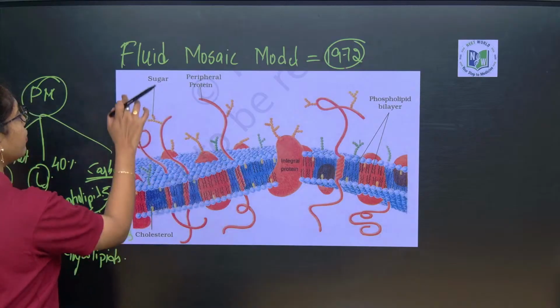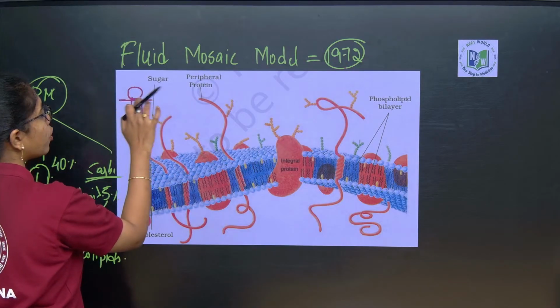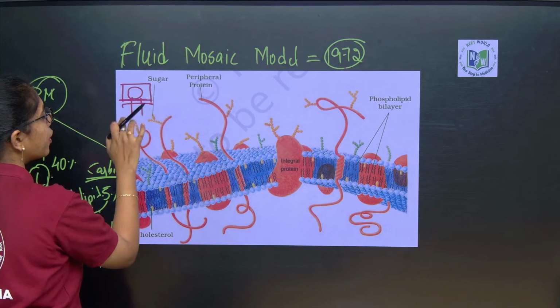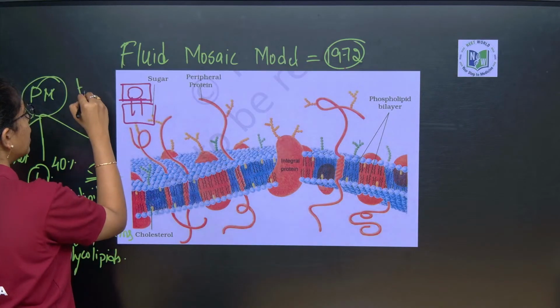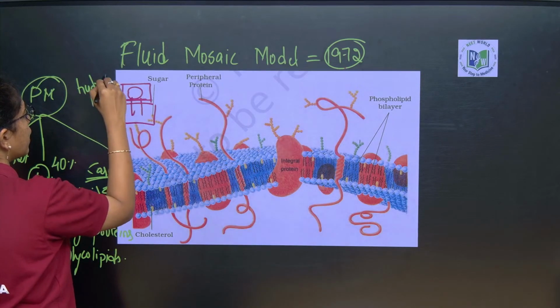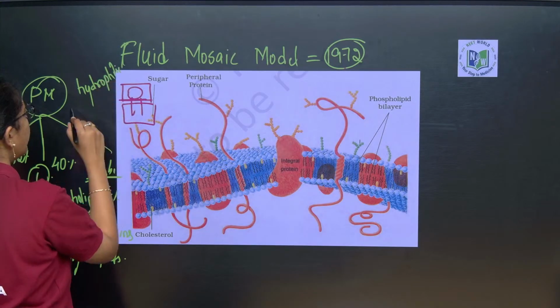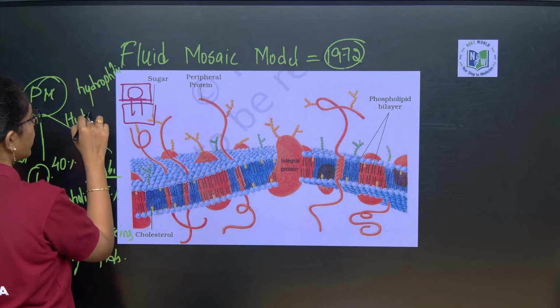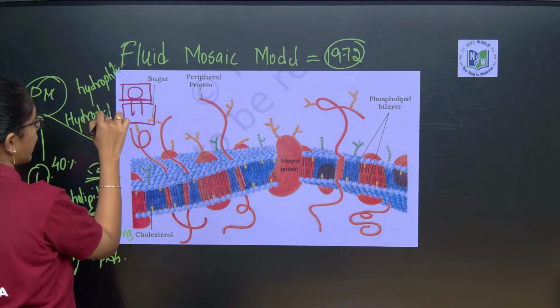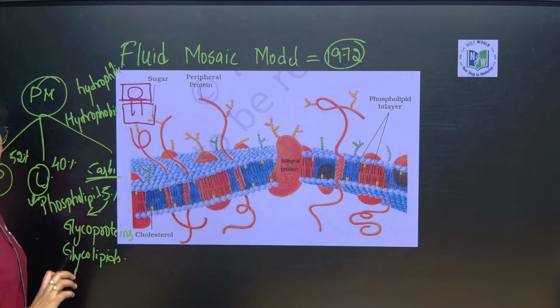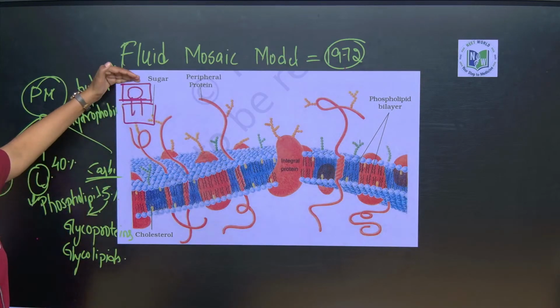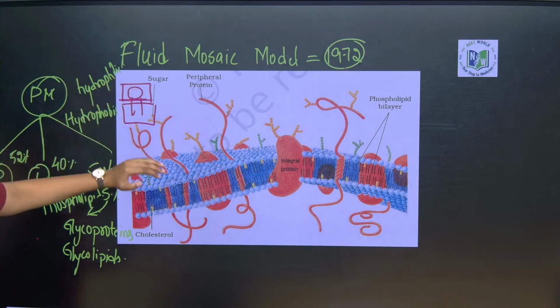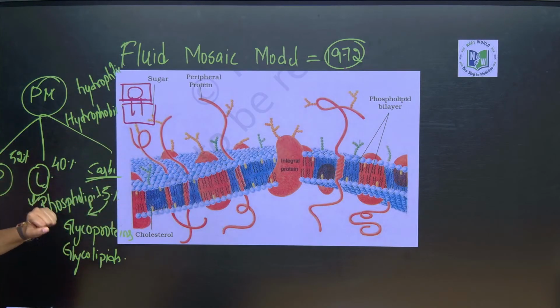Lipids have a hydrophilic head and a hydrophobic tail. Hydrophilic head is towards the outer side and hydrophobic tail is towards the inner side.